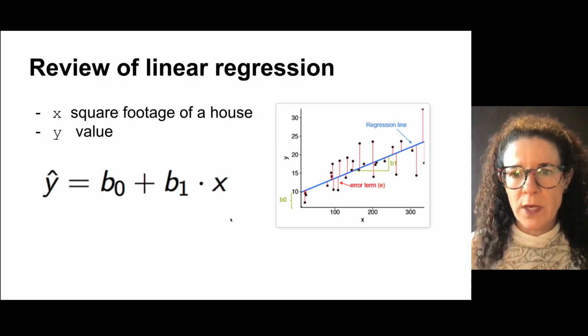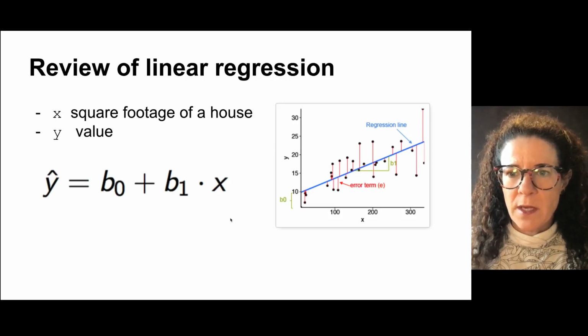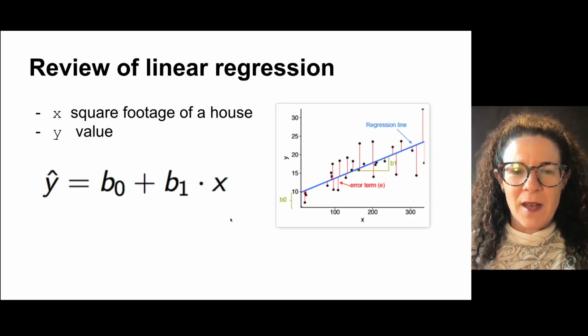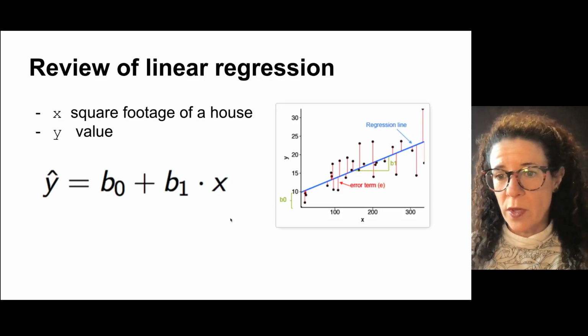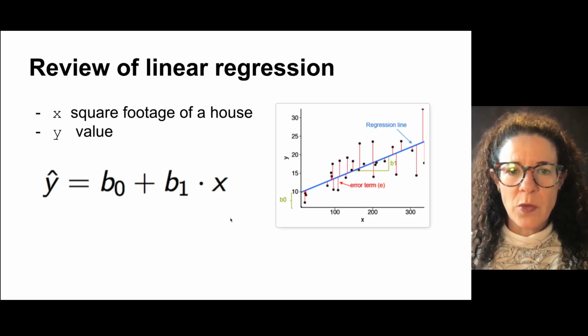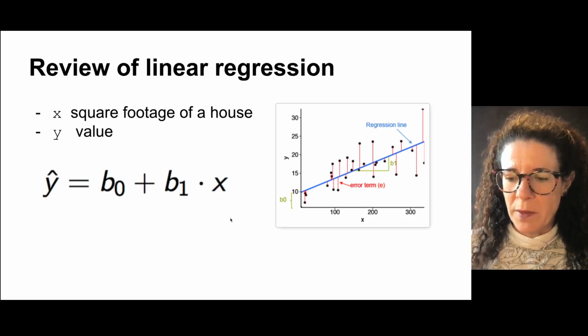So we say our model is b0 plus b1 times x. In this particular case, x is just one dimension, so b1 will be one number and b0 will be another number. So we're going to have two parameters in our model.